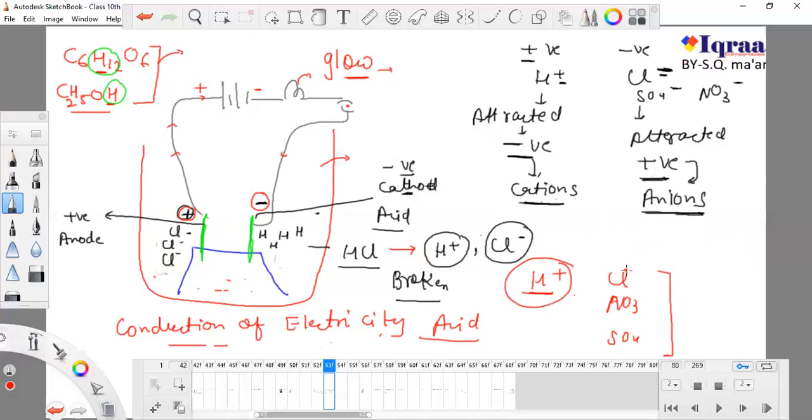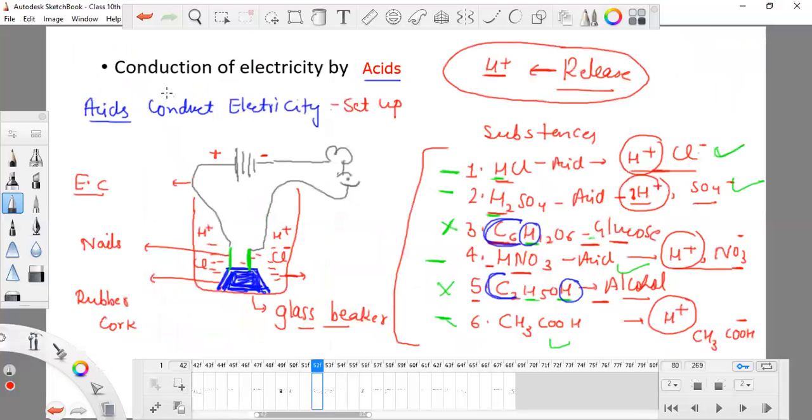So conduction of electricity totally depends upon the ions. Those are cations and anions, and they will move to their corresponding poles, towards the anode or towards the cathode, and as they move, electricity is conducted. Okay, now this is the experiment showing that conduction of electricity occurs by acids. Acids can release H plus ions.